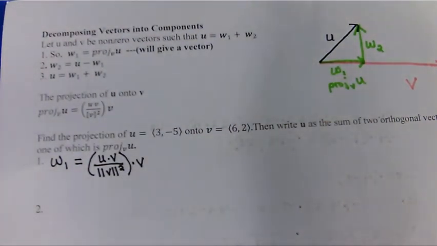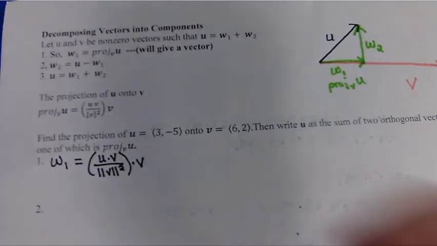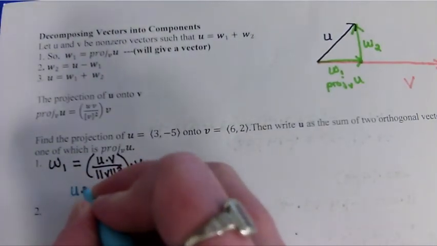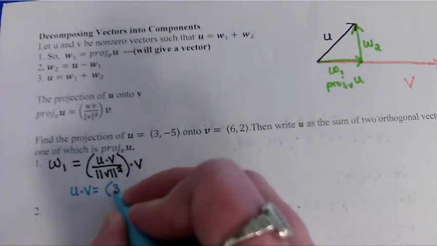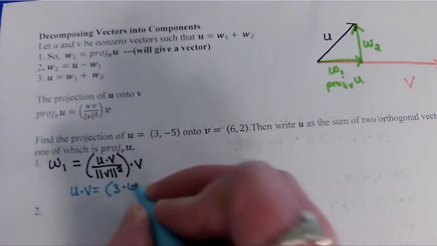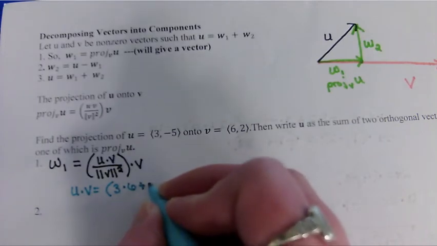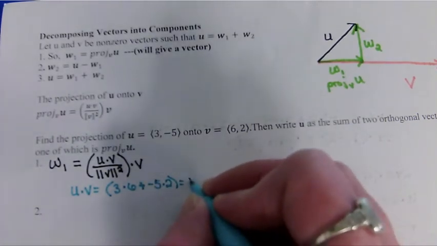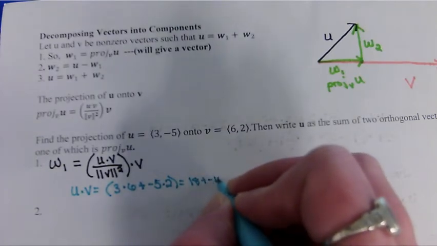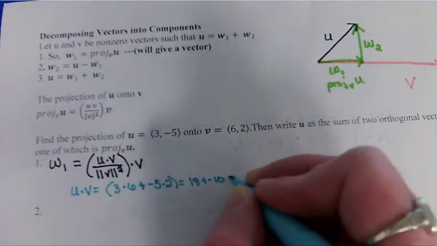So the first thing I need to do is find u dot v. So I'm going to come down and do a little work here. So u dot v is multiply the x components together plus multiply the y components together. So that's 18 plus negative 10, that's 8.